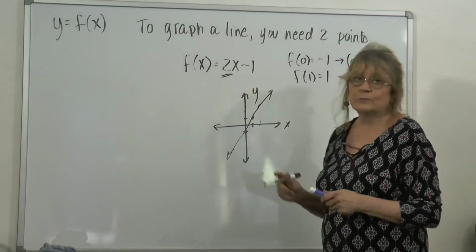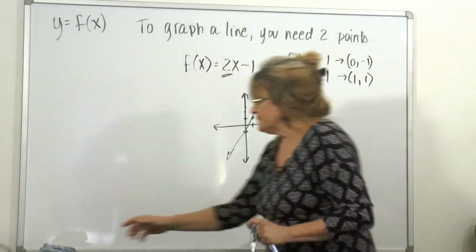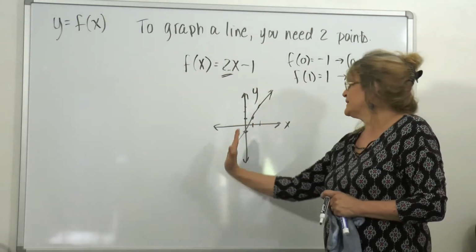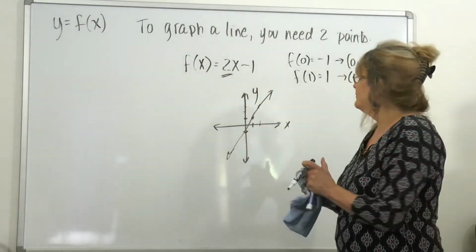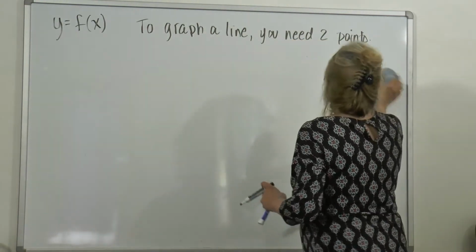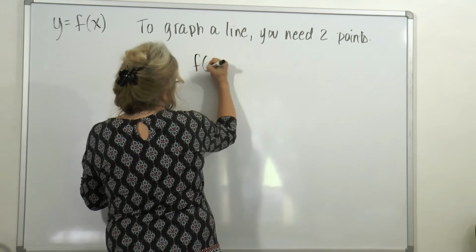Or you can use the slope if you're comfortable using that. If you're not, don't use it. It doesn't make any difference. Okay, notice that this is a positive slope and my line goes uphill from left to right. If I do a function that has a negative slope, where that m is negative, it's going to be the opposite direction.